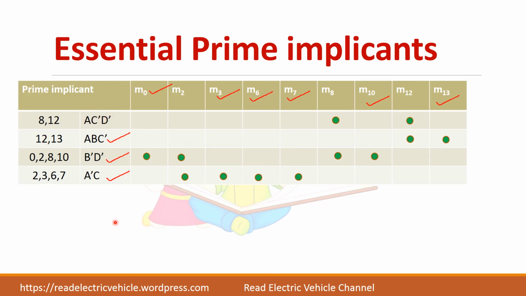So your final expression is f = abc' + b'd' + a'c. So this method looks very complicated since we are doing for 4 variable. Actually, when you have more number of variables, this is the easiest method.